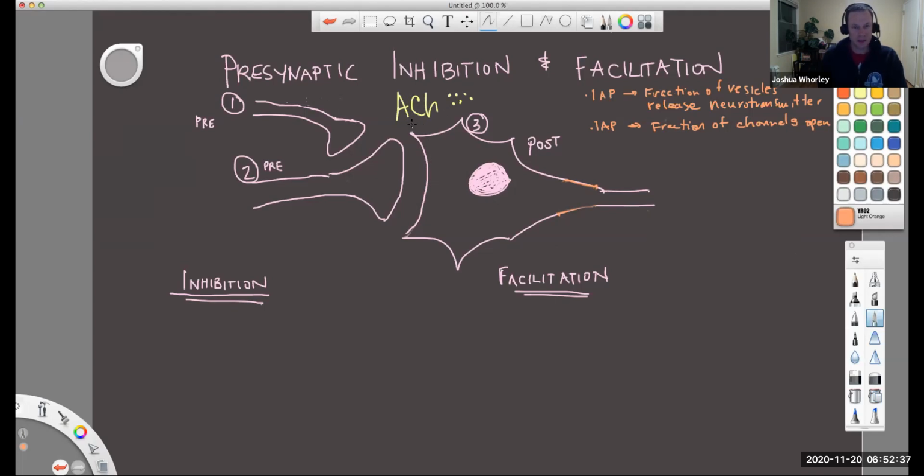In all the cases we've looked at so far, acetylcholine release from a presynaptic cell causes a depolarizing stimulus in this postsynaptic cell, an excitatory postsynaptic potential. Sorry, I said that backwards at first. It moves the cell to threshold.